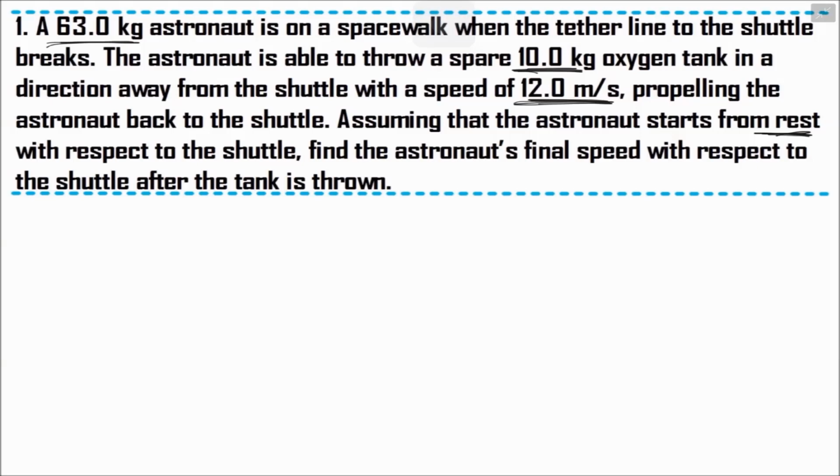So if the astronaut is initially at rest, the oxygen tank is also at rest because it's with the astronaut. This is the conservation of momentum. So m1 times v1 initial plus m2 times v2 initial equals m1 times v1 final plus m2 times v2 final.